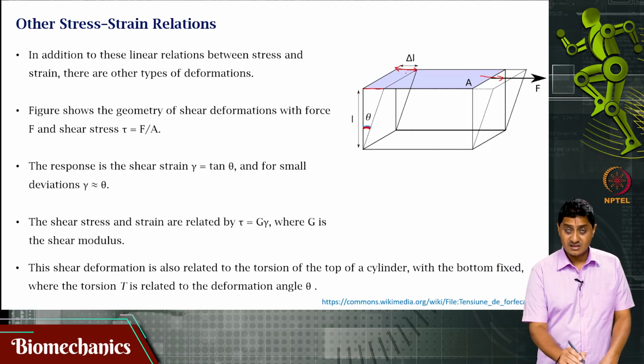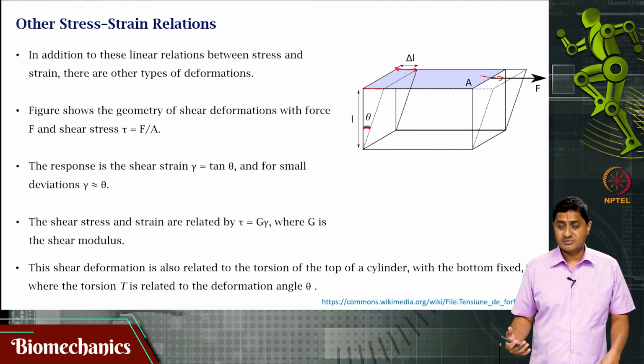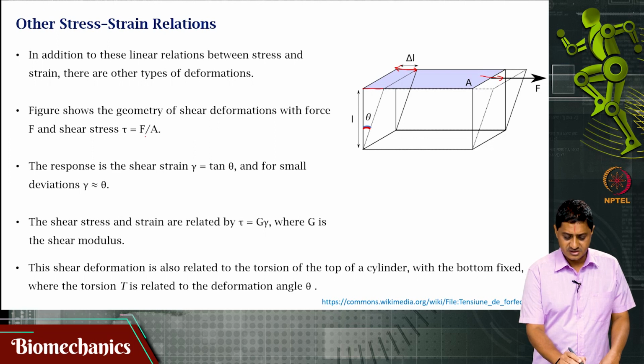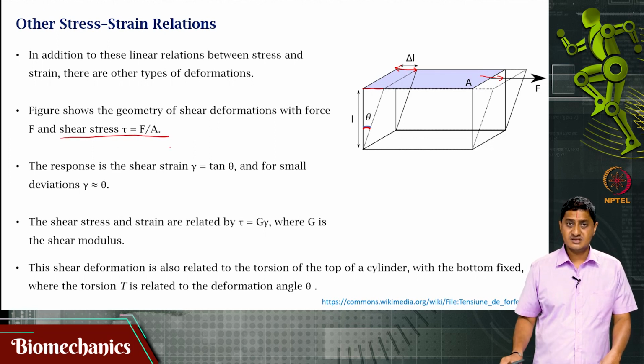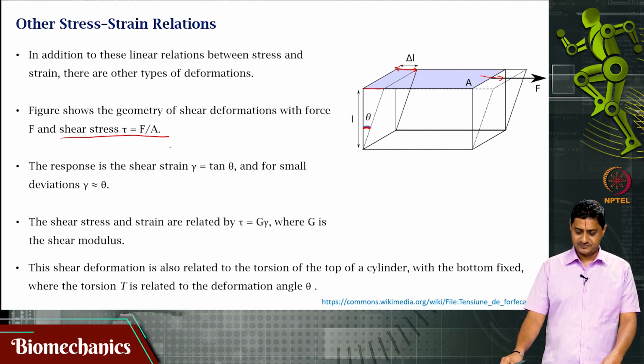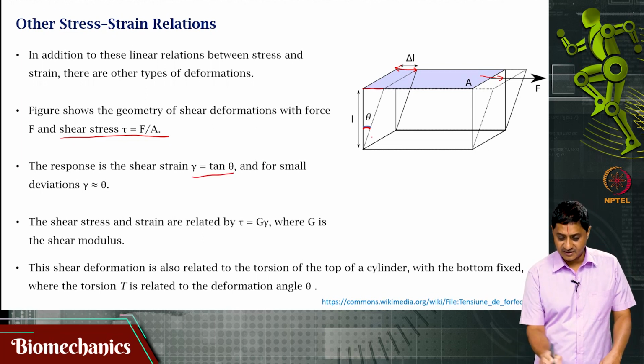It is because of this force that is applied, a shear force, and the stress that is applied is a shear stress tau, which is F divided by A, right. And the response is the shear strain gamma, which is tan theta for this theta.